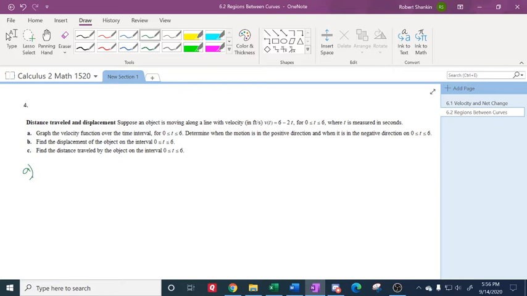Now if you finish part A, you can go on to the other parts as well, but I'll go over part A in about 30 seconds here.